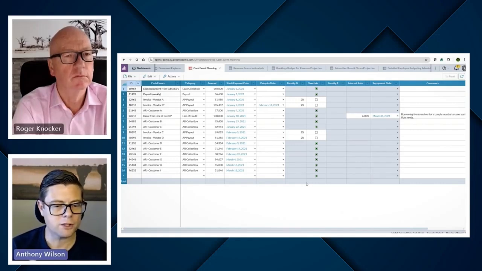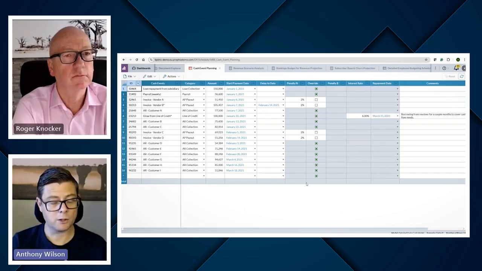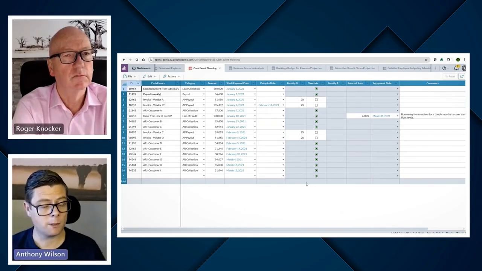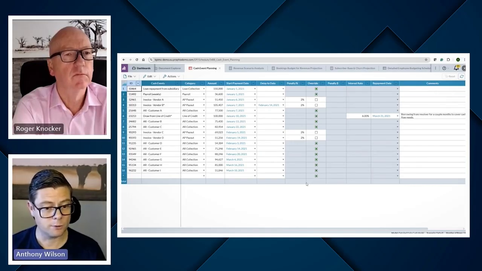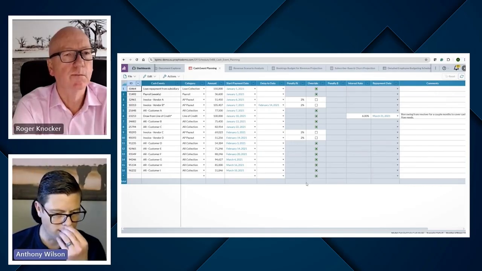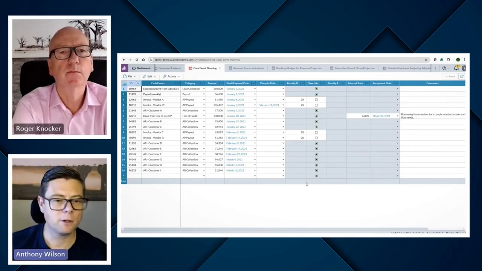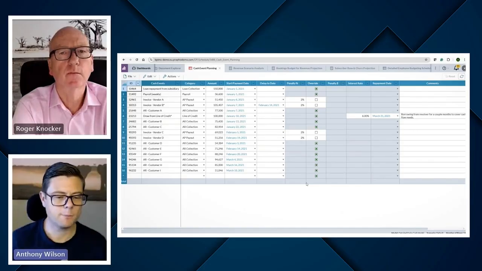So through cash event or cash planning, we can look at the events that are happening currently in our business and events that we're expecting to happen in our business to tell us what our cash position is more than likely to look like at a point in time. So in this example, you'll have invoices coming through your business.